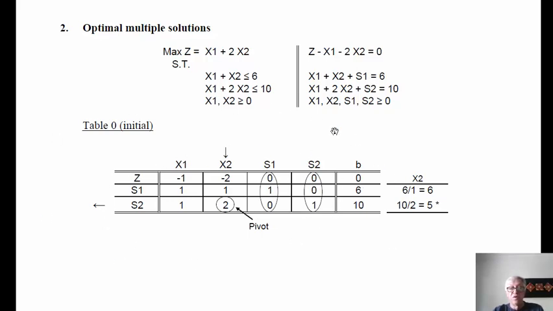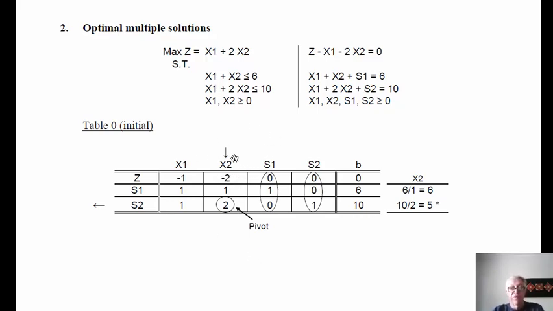So after building the initial table, we classify our variables as basic S1 and S2 and non-basic X1 and X2. So with this classification, as before, we get an initial solution, which is presented here. Okay, and we conclude also that the solution is not optimal because we have this negative coefficient here.